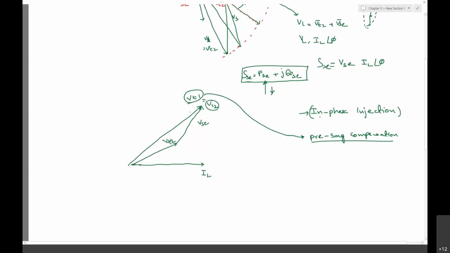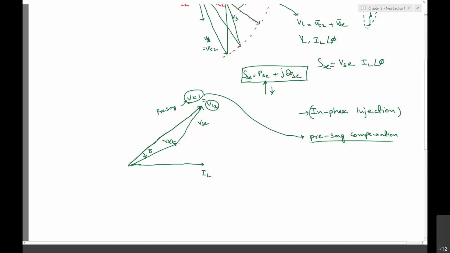During the sag condition, the phasor is going to shift by a particular angle of del. The VT1 is the presag voltage, and the presag is the reference, the reference which you expect at the load point also.